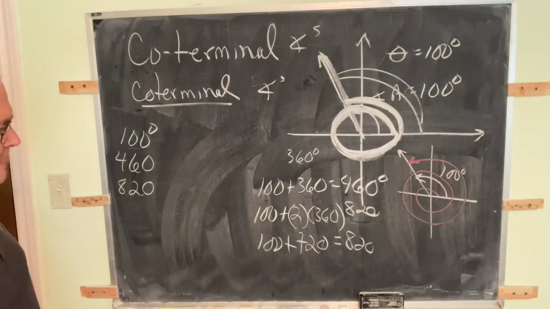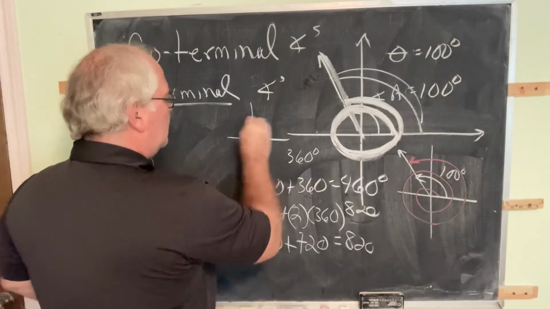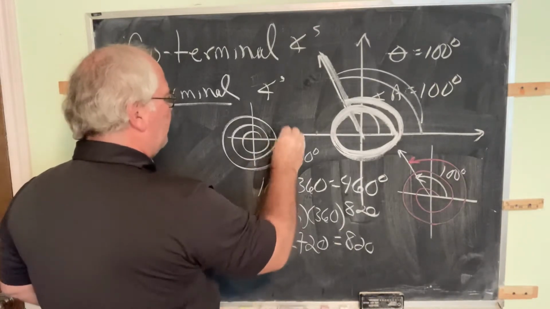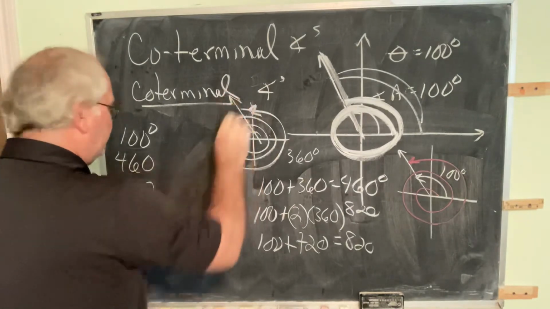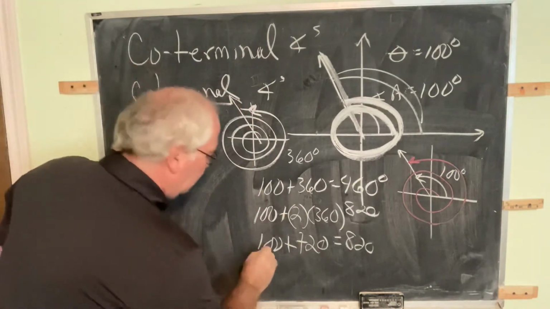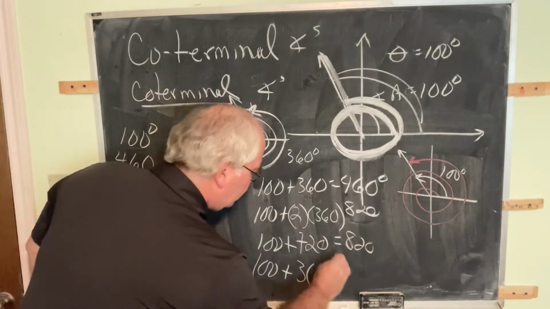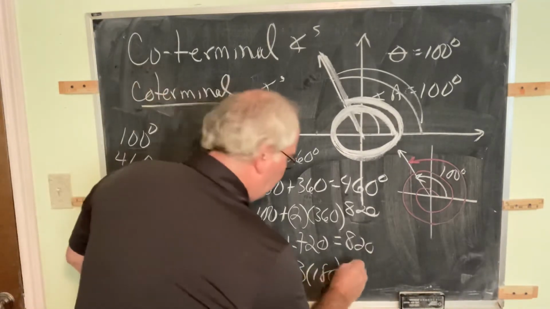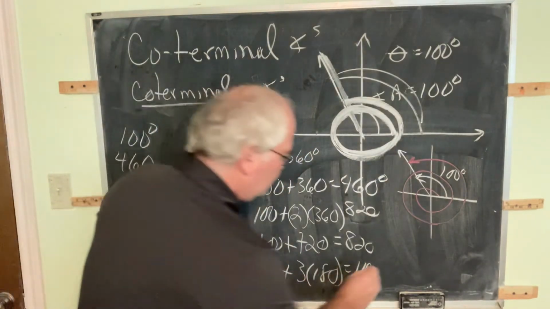And then we could have 3 complete revolutions plus the 100. There's the 100 plus 3 revolutions.